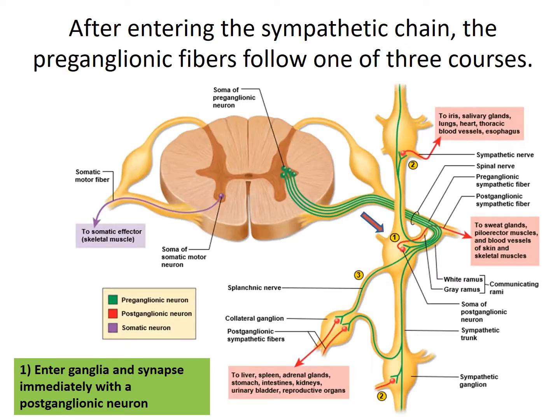After entering the sympathetic chain ganglia, the preganglionic fibers follow one of three courses. They can enter the ganglia and synapse immediately with a postganglionic fiber, which then ultimately will lead out to sweat glands, piloerector muscles, which are involved in formation of goosebumps, blood vessels, skin, and skeletal muscles.